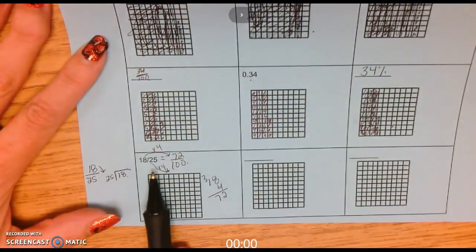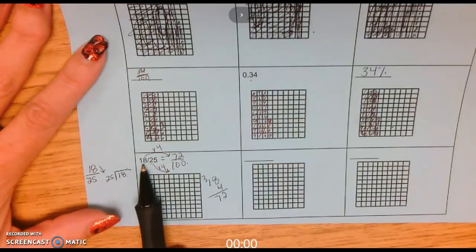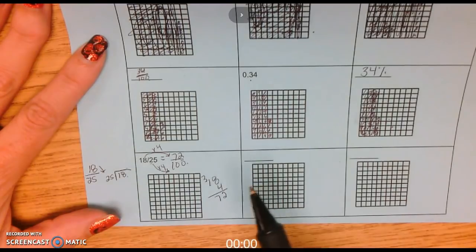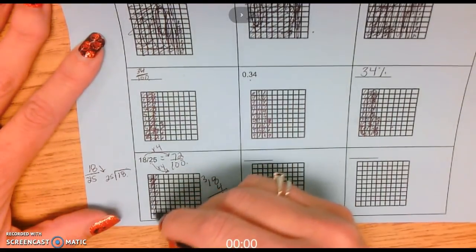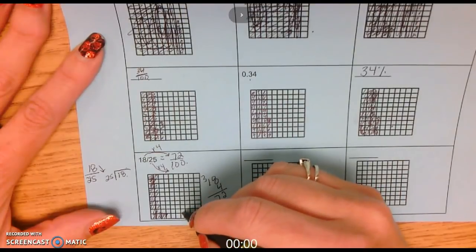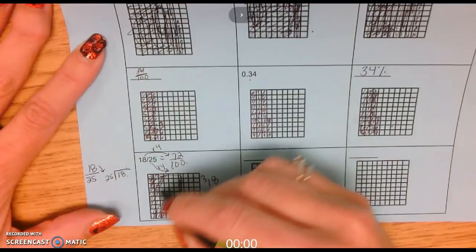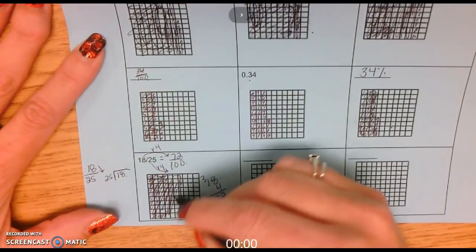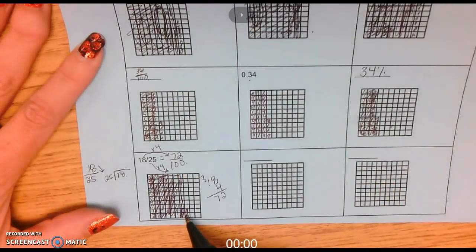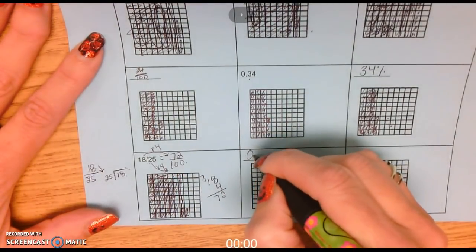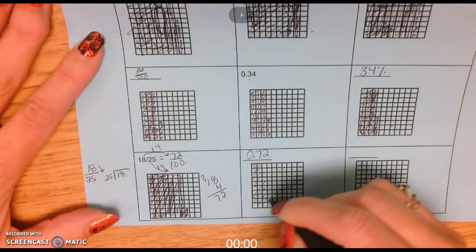If I think about that, that makes sense because half of 26 would be 13. So this is more than half. So I need it to be more than 50 out of 100. So that feels pretty reasonable to me. Here's my 70, and then 2 more. If I have 72 hundredths, that means I have 7 of these.